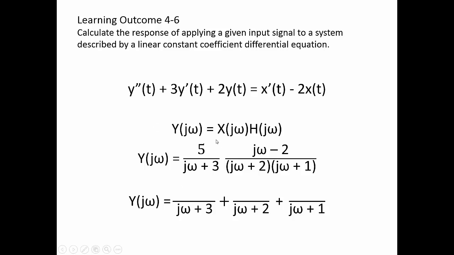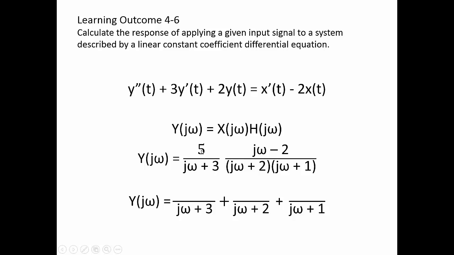We can now take that x of j omega and substitute it in, take our known h of j omega, substitute that in, and similar to the previous learning outcome, we're going to again use partial fractions to break this up in order to do the inverse transform. Okay, so what do we get? What value of j omega makes this term go to 0?